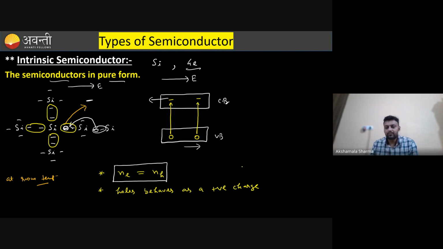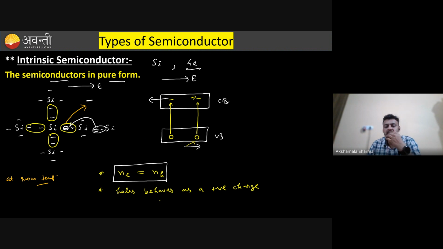Another punchline. According to you, which is easier to move by the external field, obviously? Can you answer me? Are electrons easier to move, or are holes easier to move?